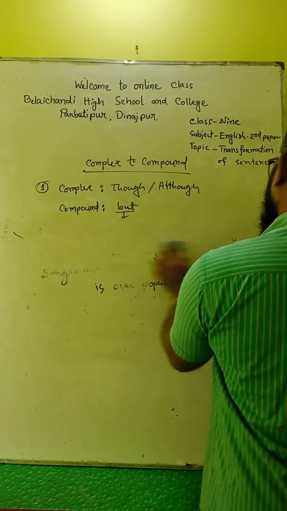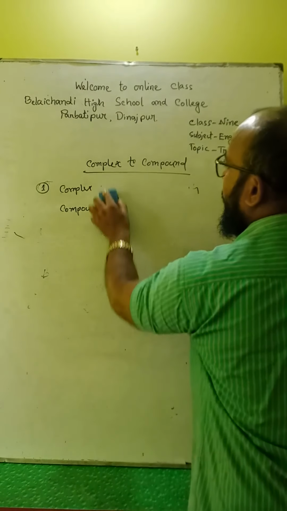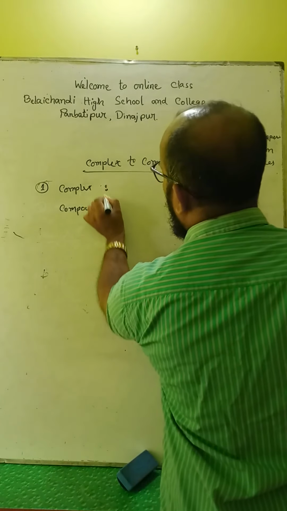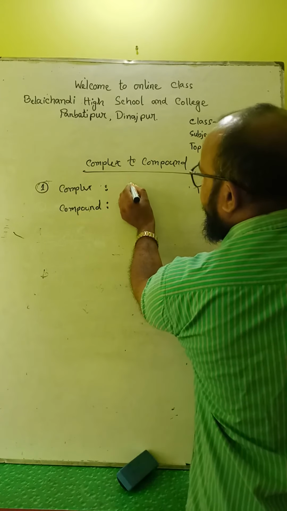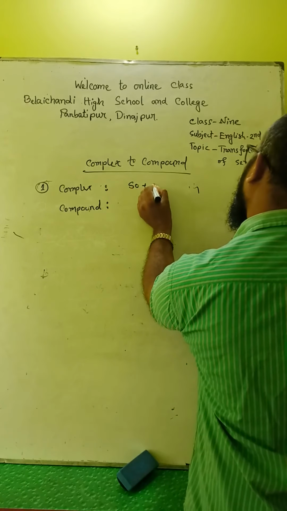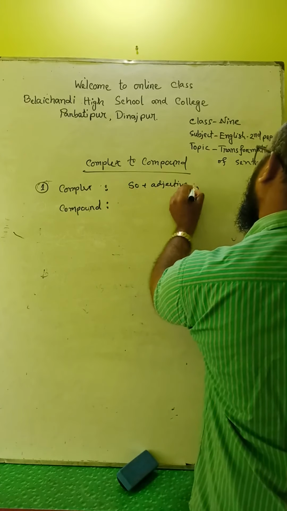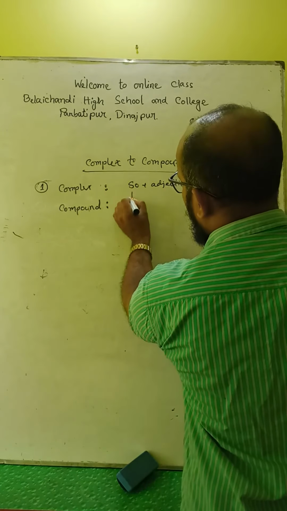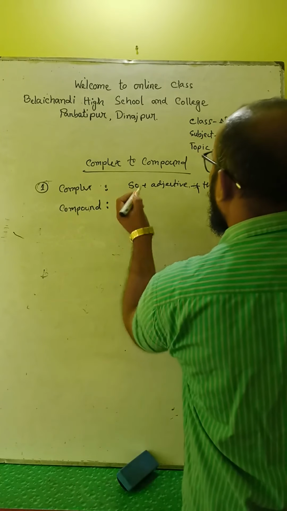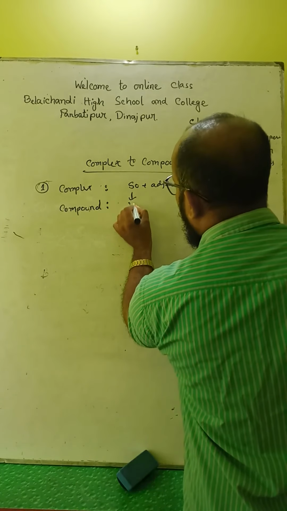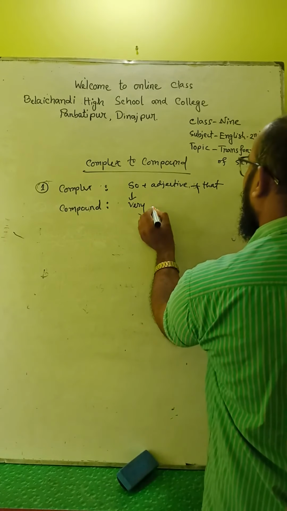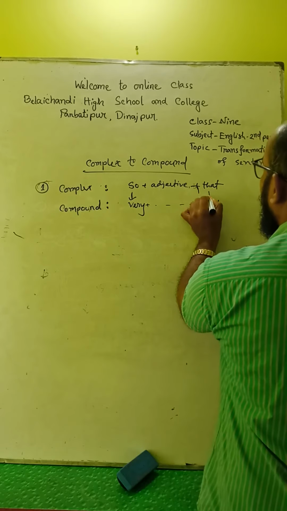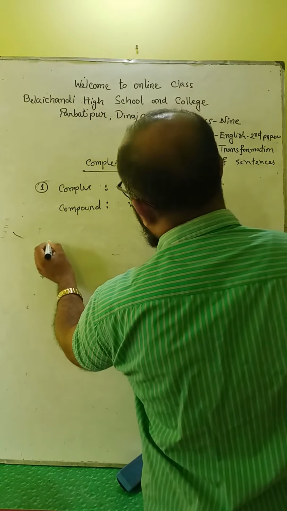We are going to the next rule. So, assertive, that: if we want to make it compound, we have to use very at the place of so, and we have to use and at the place of that. Look at the example.